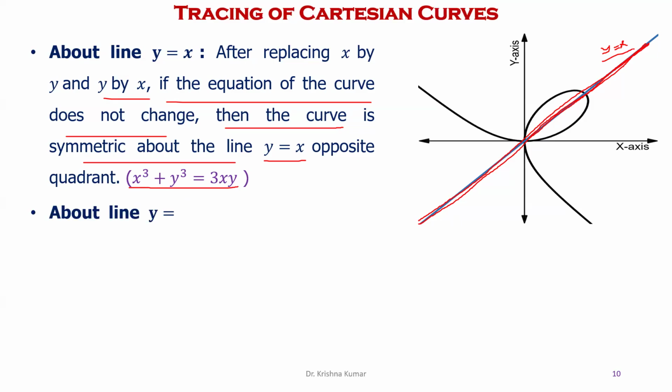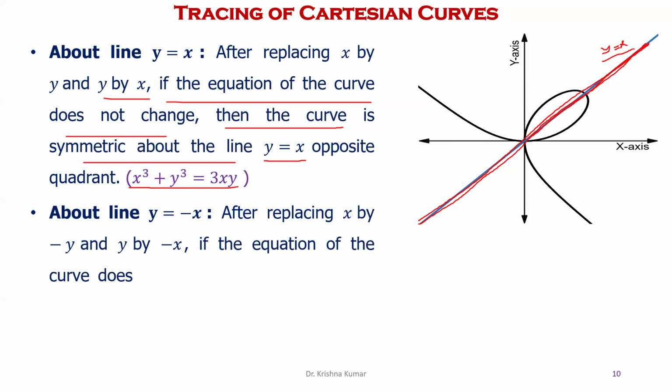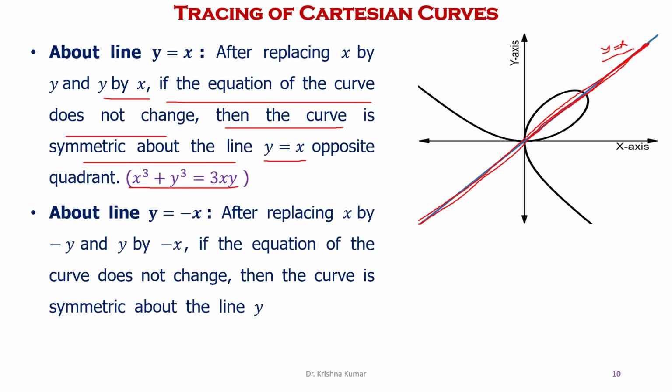Similarly, about the line y equal to minus x: after replacing x by minus y and y by minus x, if the equation of the curve does not change, then the curve is symmetric about the line y is equal to minus x.